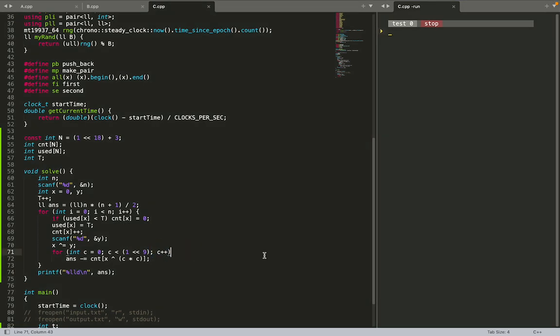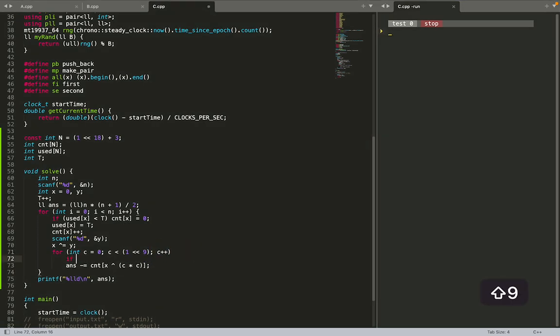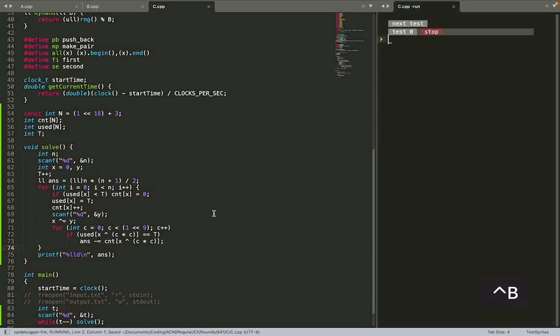This is not correct. If used at x equals t, only then the count is correct, otherwise it's 0.